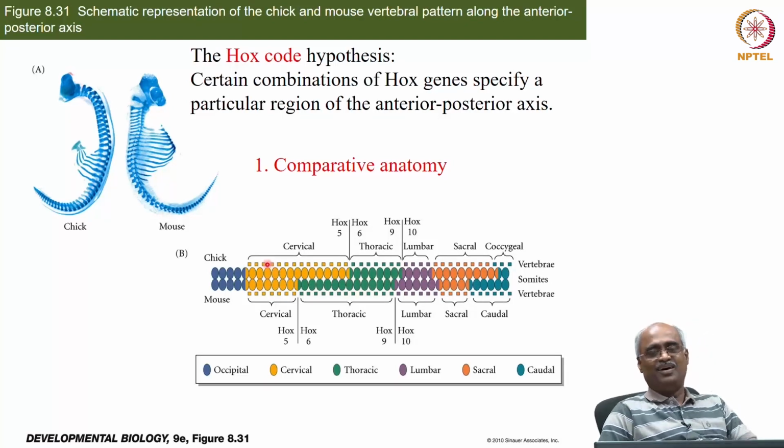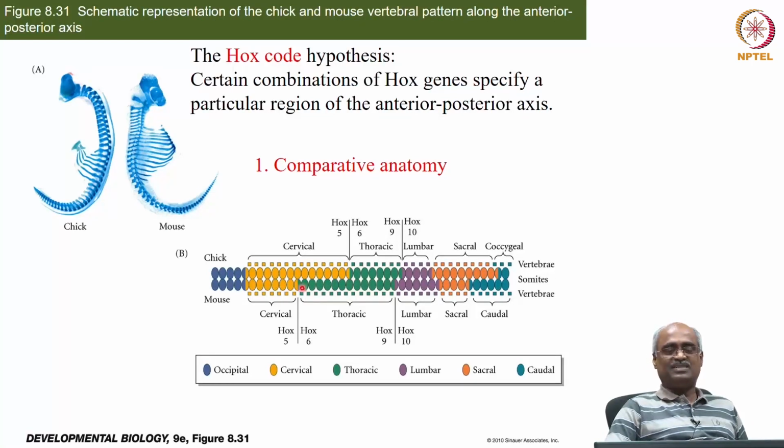Now when we look at the Hox gene expression pattern, quite interestingly, Hox6 expression here extends more anteriorly, while the Hox5 expression in the chick, the top row is the chick and the bottom row is the mouse, extends posteriorly. As a result of this, Hox6 is restricted to up to this, and therefore thoracic forms only up to that, and then you have a long region of cervical vertebrae.